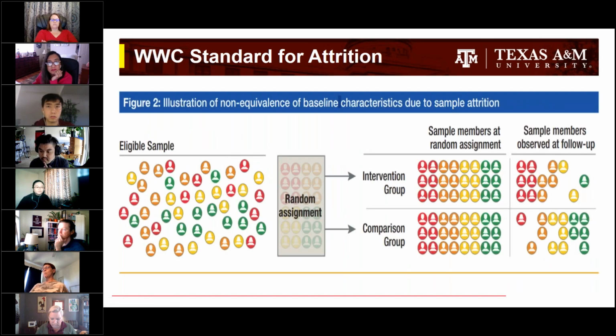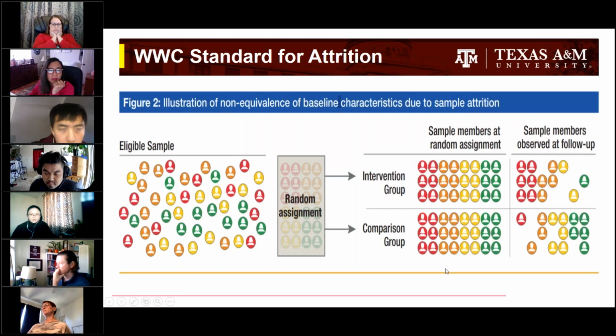This figure shows that these are our eligible sample, and we randomly assign them to the intervention group and comparison group. At the beginning, during the random assignment, the two groups have similar characteristics at baseline. So if there's no attrition, the difference in outcome between the two groups at follow-up can be attributed to the intervention.